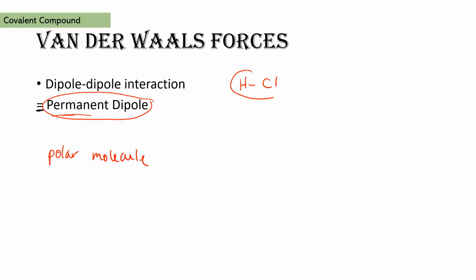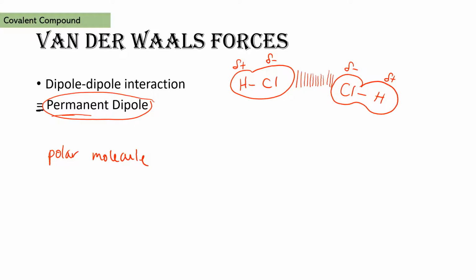As we know, chlorine is more electronegative, so it will carry the partially negative charge and the hydrogen atom will carry the partially positive charge. No matter how the molecules move, the partial charges will still be the same because they are polar molecules. So when these two come very near to each other, there will be intermolecular forces, which we call dipole-dipole interactions.